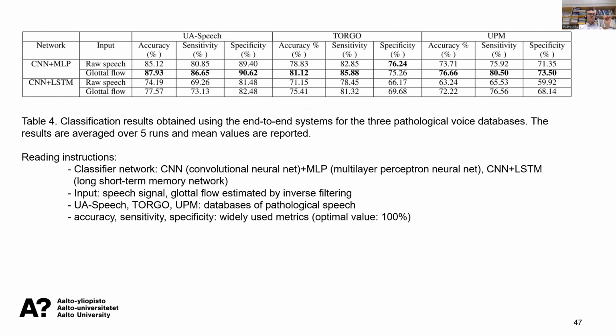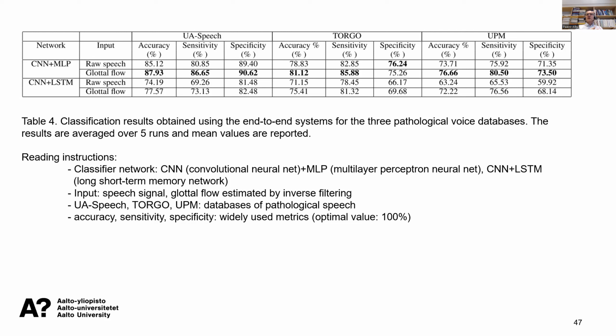And what we were surprisingly able to show is that for these three databases, the glottal waveform input gave, in most of the cases, a better accuracy compared to the speech signal itself. What this means, in my opinion, is that the end-to-end systems have a huge number of different parameters and the amount of training data is still quite small.